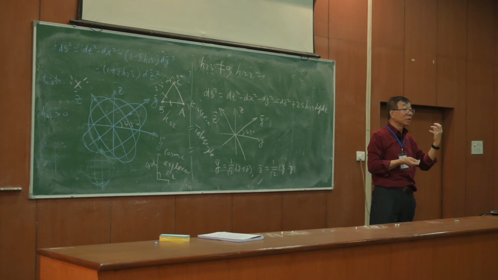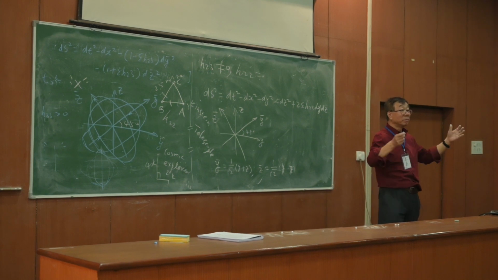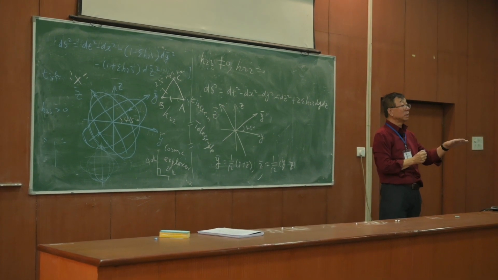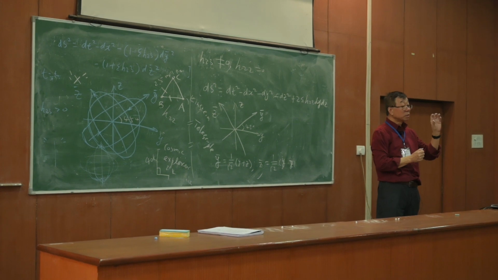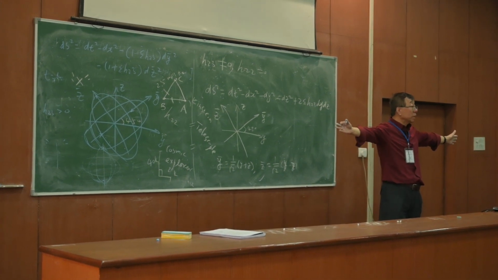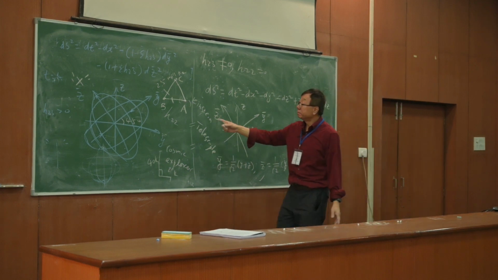No matter how strong the signal, if it's out of the band, we cannot hear it. The same thing for detection. Two conditions: signal strong enough, and second, the frequency in the right band.